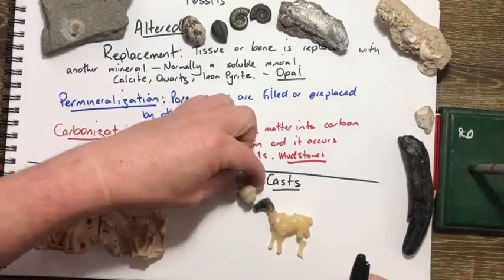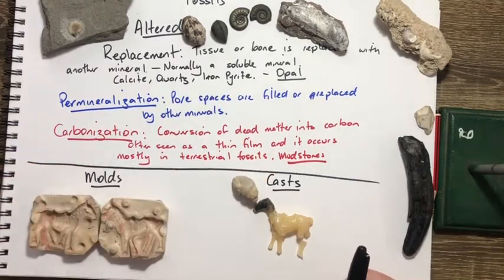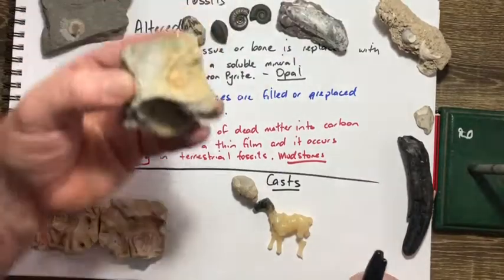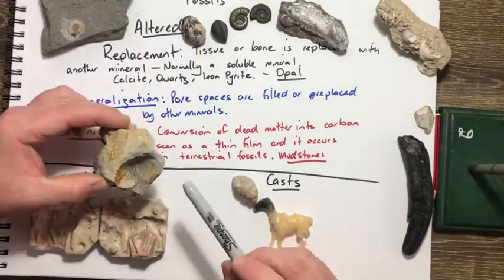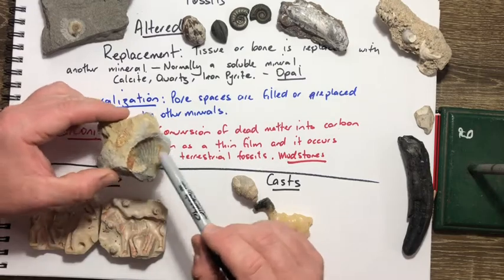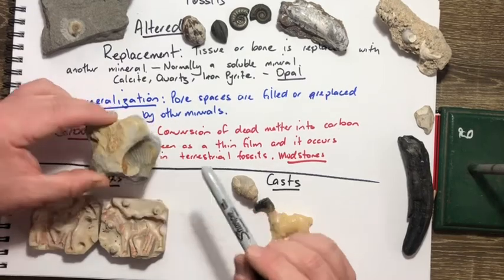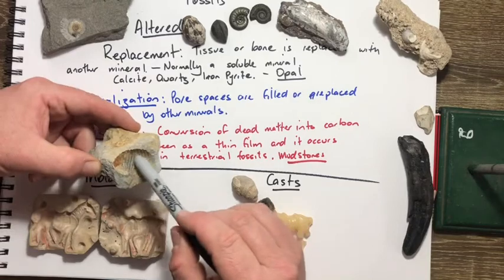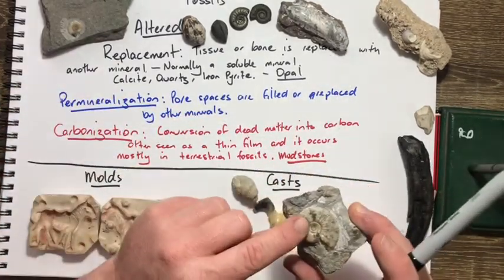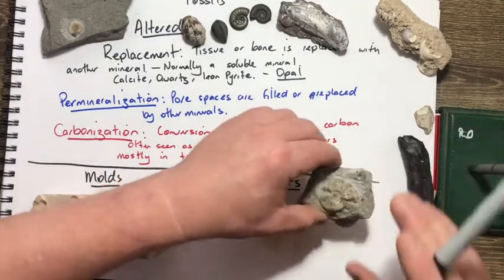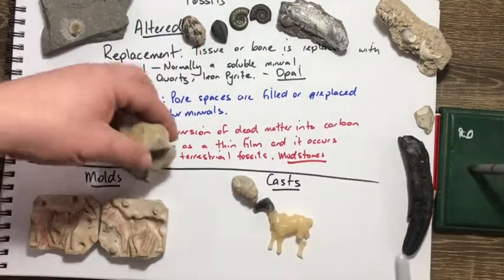But this is the cast of inside of one of those shells. Another example of a mold is here we have this part of, I think, an ammonite. It definitely doesn't look like a shell to me, but this is the inside, so this shows the outside. So this would be a mold, and this here would be the cast.